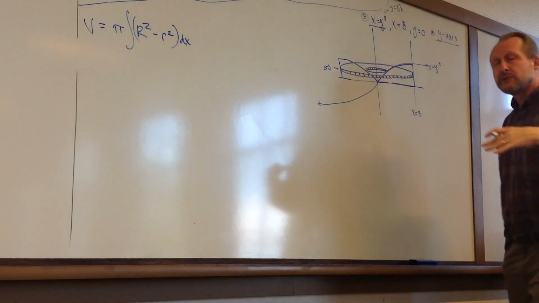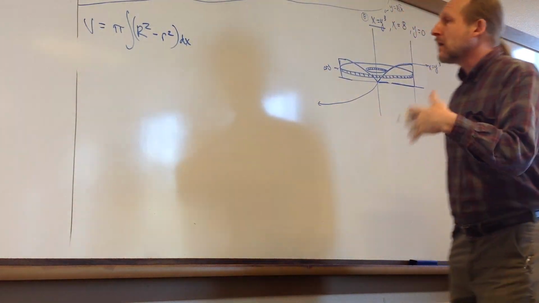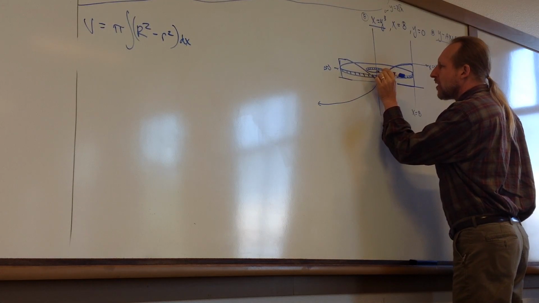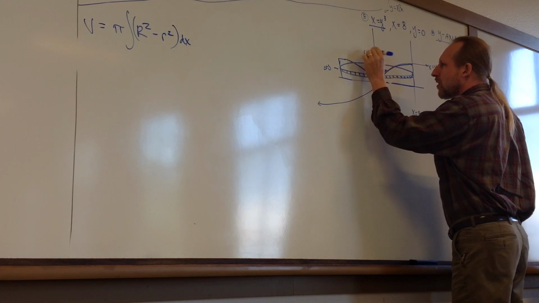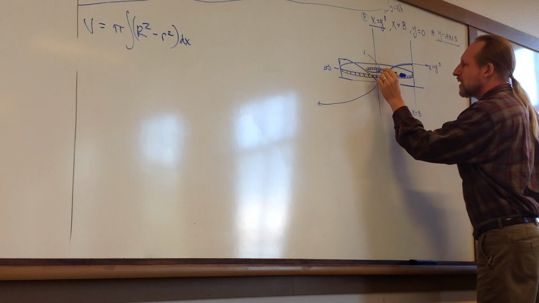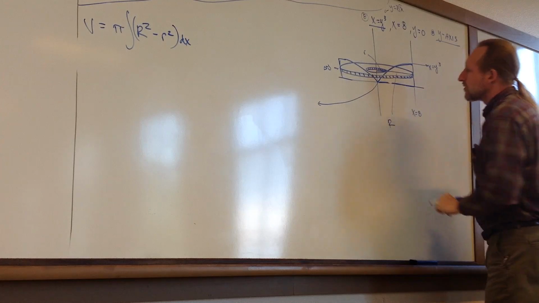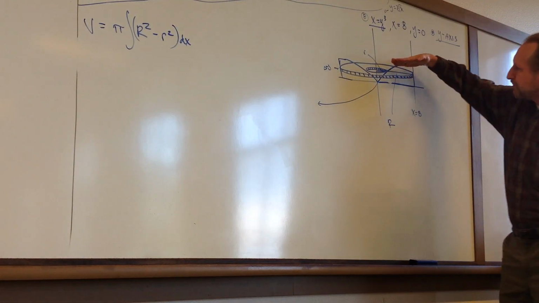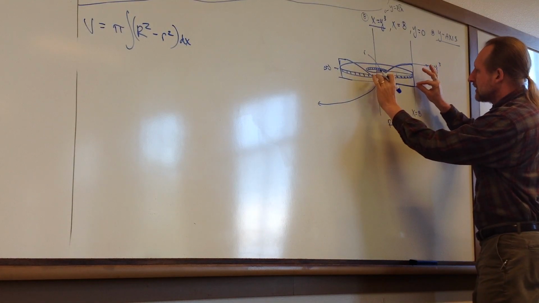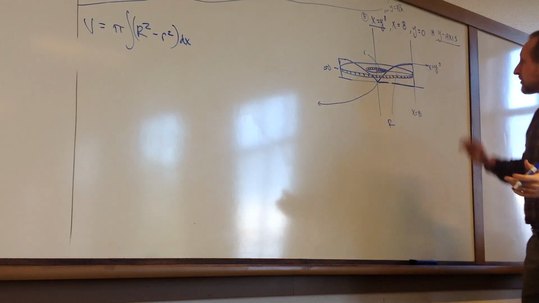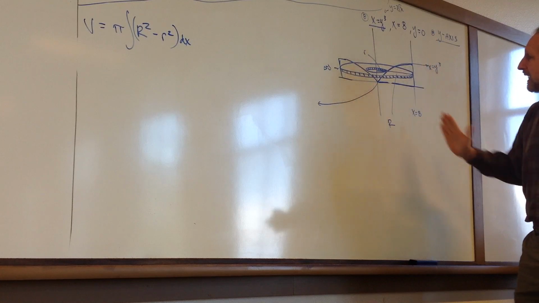Okay, so now we want to identify our big R and little r in this problem. Here's the little r right here. And then the big R extends all the way to the edge. Now notice that this big R doesn't change as you go from the bottom to the top. It's always going to be equal to 8.